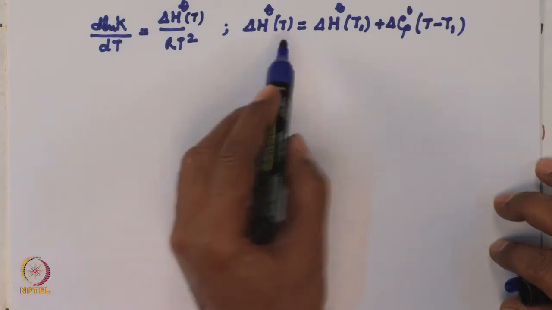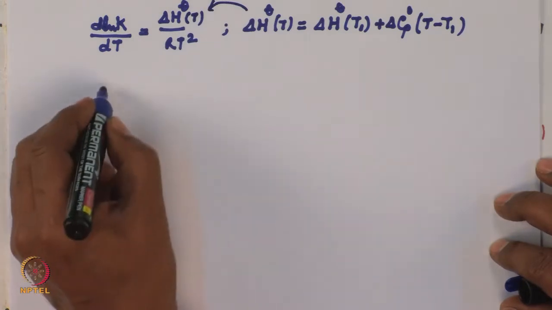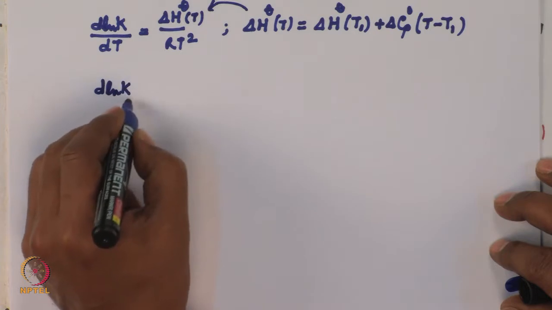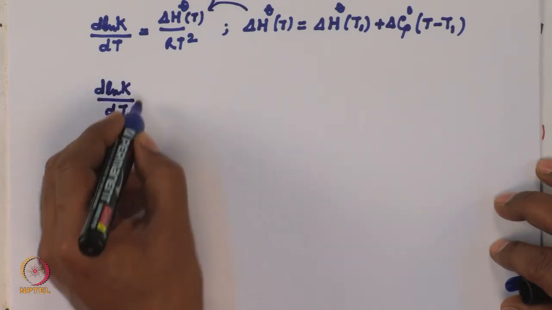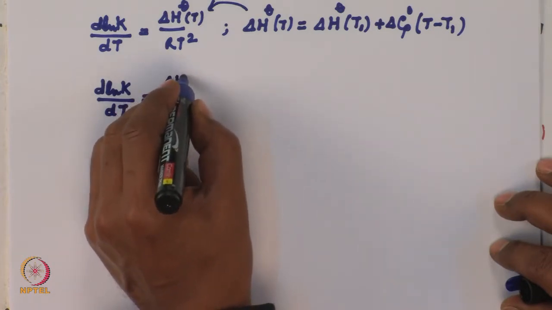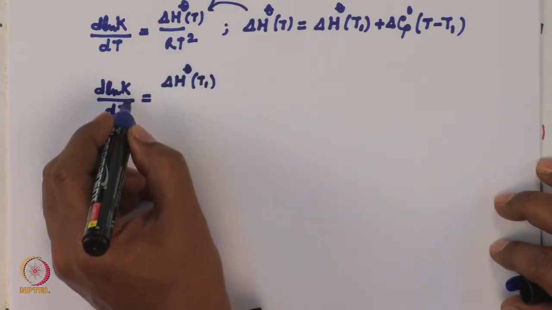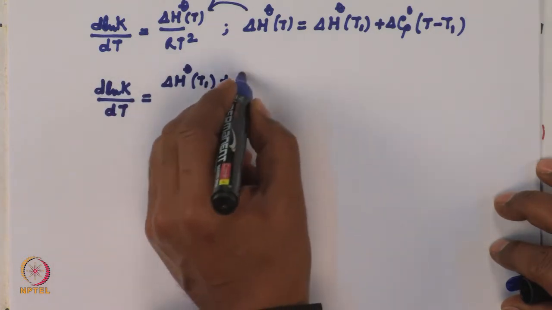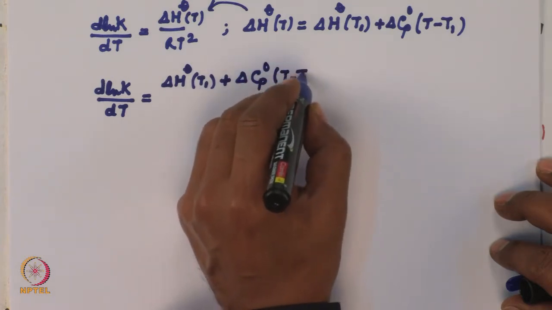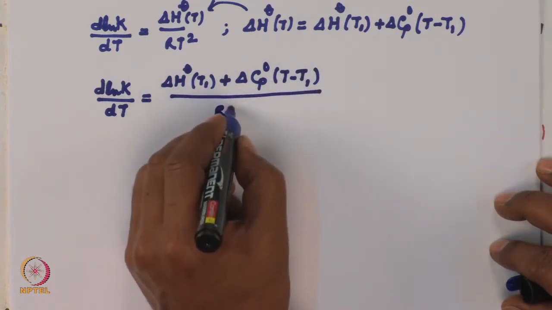Now I can substitute this over here. So what I have is now d log K by dT is equal to delta H naught at T1 plus delta Cp naught into T minus T1, over RT square.